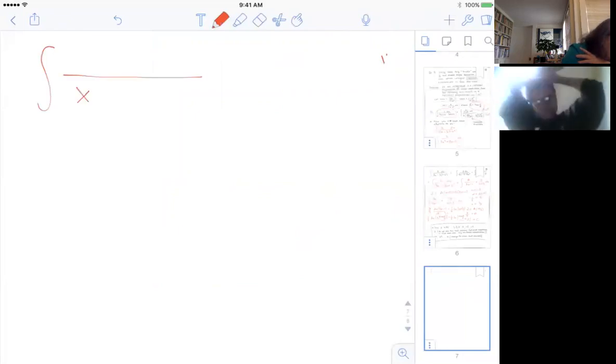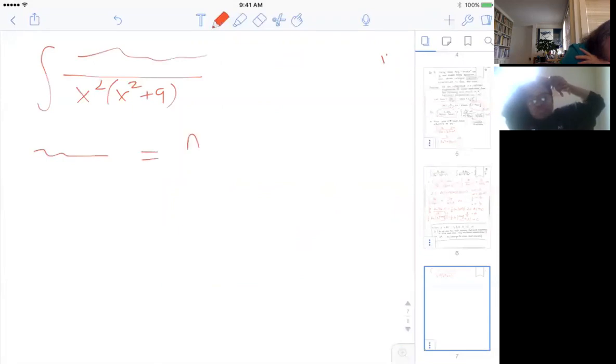Okay, you got that whole thing, and at the bottom it's factored: x squared times x squared plus 9. That sets up as A over x plus B over x squared. Now, if that had been an x cubed, I'd put 1 more, plus C over x cubed.